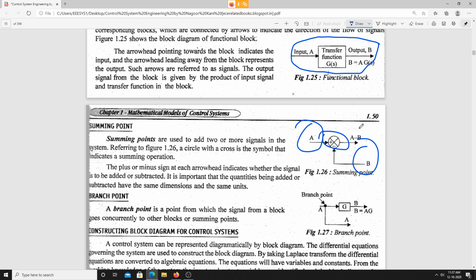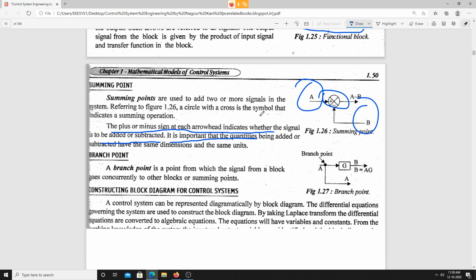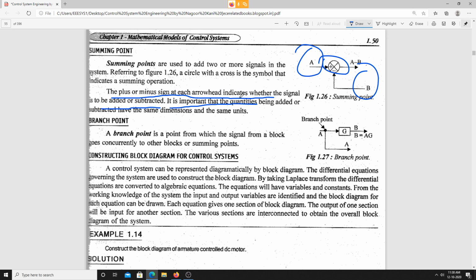The difference is the output of this summing point. Is it clear? The plus or minus sign at each arrowhead indicates whether the signal is to be added or subtracted. It is important that the quantities being added or subtracted have the same dimensions and units. Is it clear? This is about the summing point.